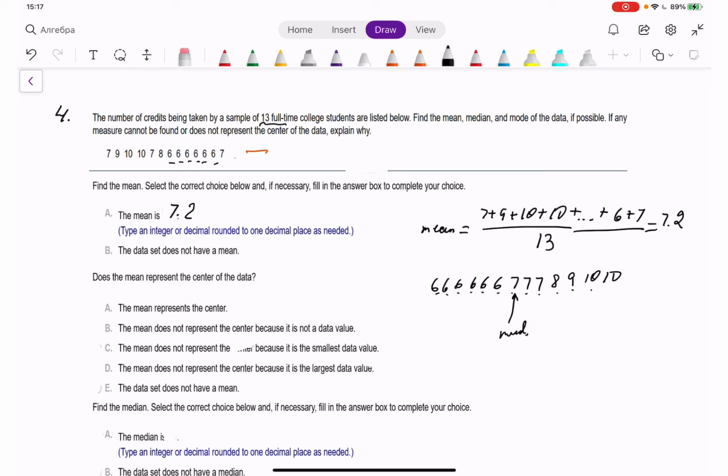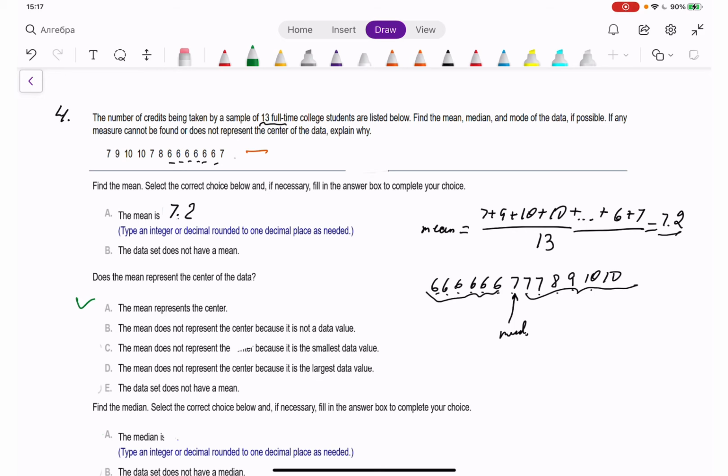So median is 7, which means the mean represents the center, because on this side there are all 6s and 7s, and here all the higher numbers, 8, 9, 10, 10, right? So the mean is representing our center.